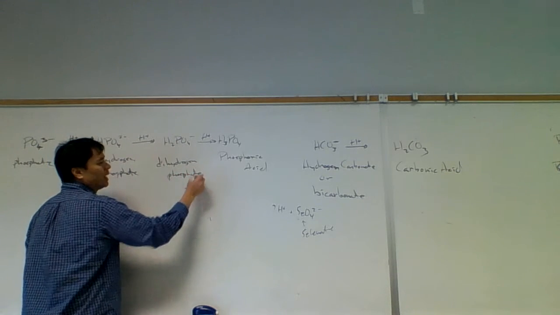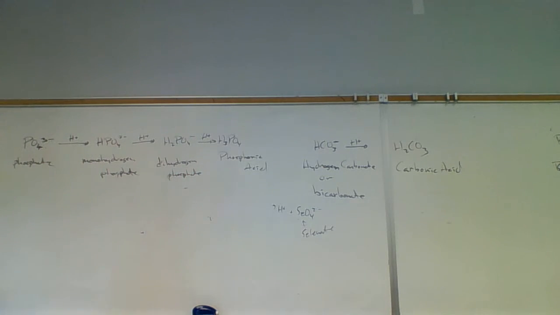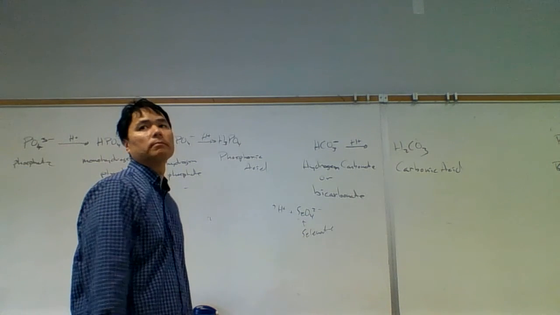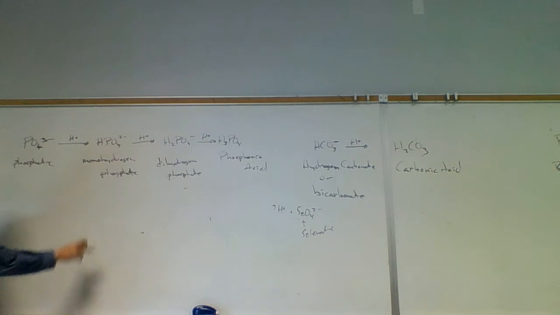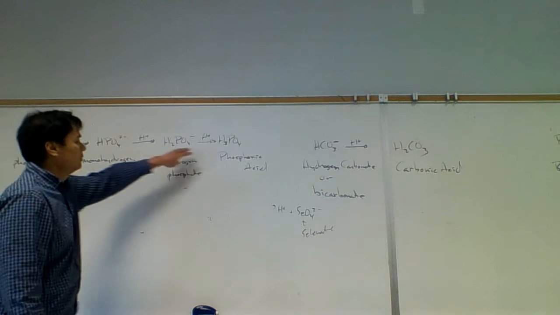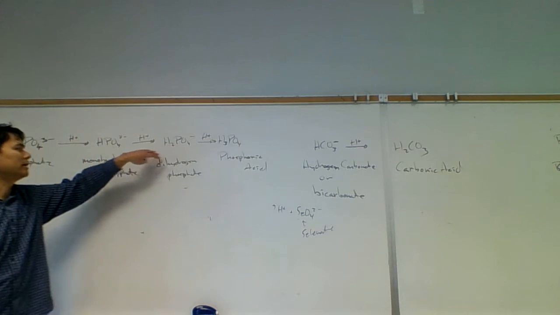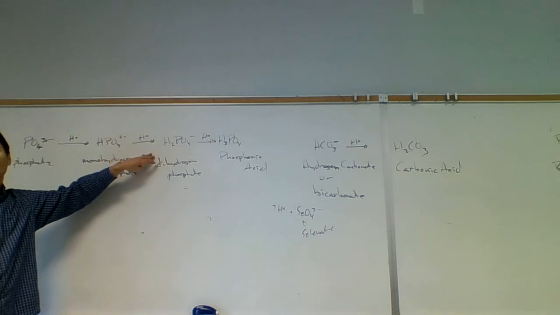We don't use the bi here; there's no biphosphate in this case, otherwise it'd be confusing. But they're still considered acidic, because all acids have H plus in them, and so they can still act as acids.